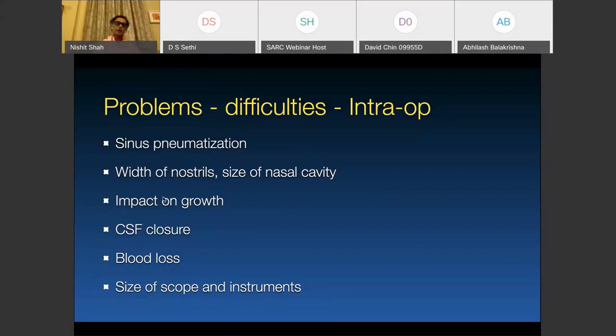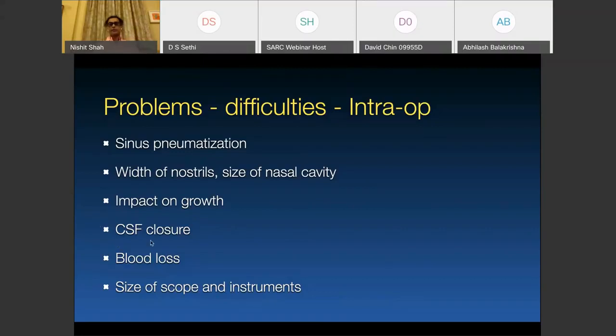Because you don't want a child with a completely flat nose or developmental or cosmetic issues, going through school where he's ridiculed and has psychological issues. So, on one hand, you want to balance it with limited resection. On the other hand, you want maximum resection. And we need a balance between these two so that you have minimal impact on growth and yet comfort with surgery.